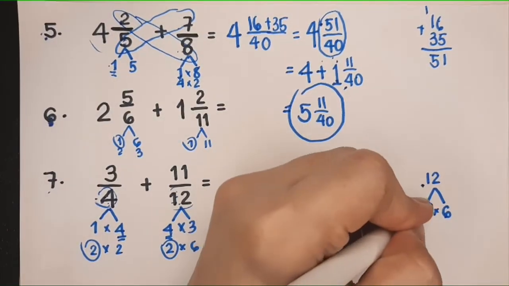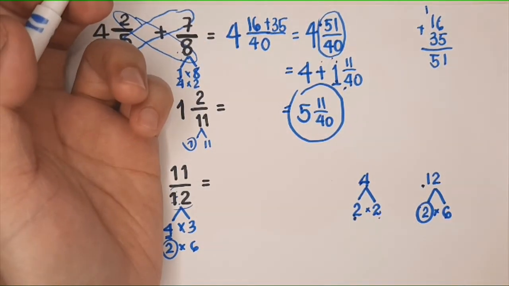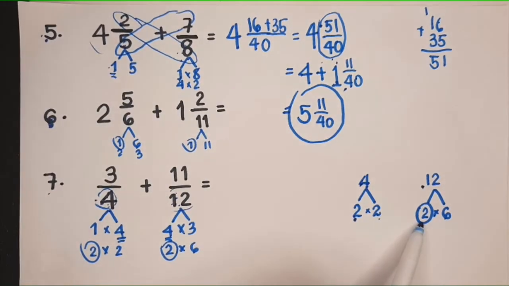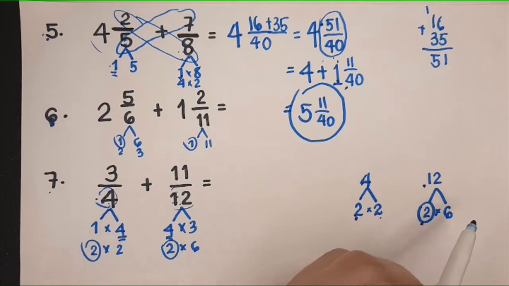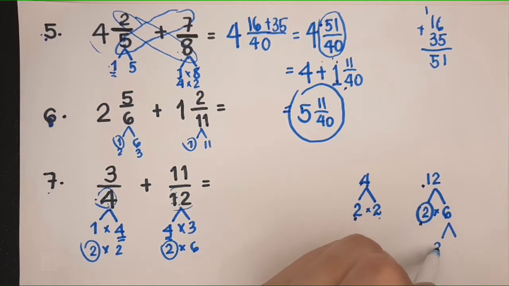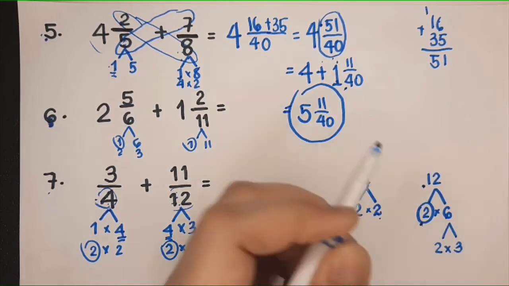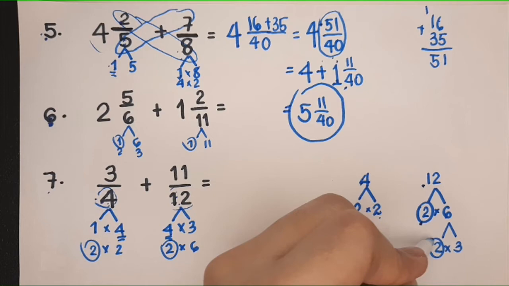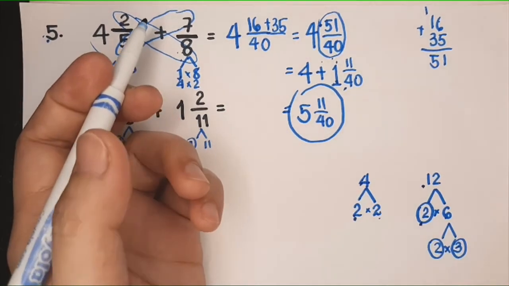Okay, so you stop here because 2 is a prime number because it has only 2 factors, 1 and itself. Yung 6, hindi pa. Kasi meron pa tong factor aside from 1 times 6. Pwede pa siyang 2 times 3. Right? And then you stop here because they are all prime factors.